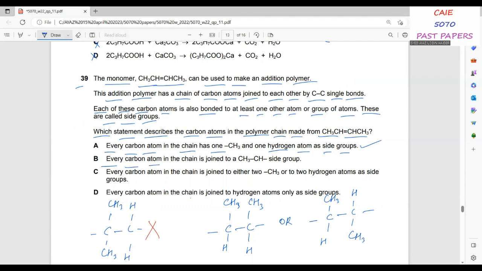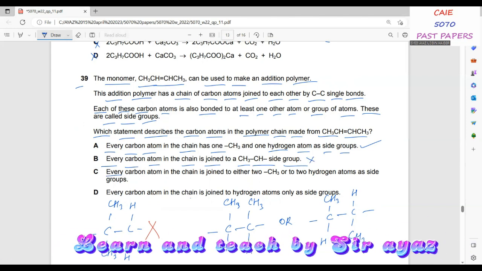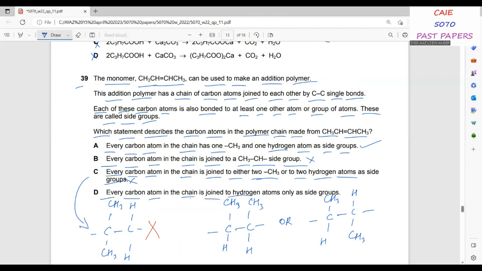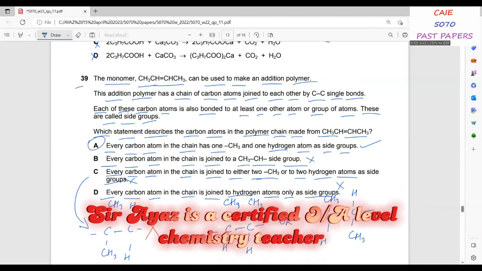B, every carbon atom in the chain is joined to a CH3CH side group. This is wrong. C, every carbon atom in the chain is joined to either two CH3 or two hydrogen atoms as side groups. This is again wrong, as I've shown you. D, every carbon atom in the chain is joined to hydrogen atoms only as side groups. No, this is also wrong, because you have CH3 as one of the side groups for each carbon atom. So we have only choice A as the correct answer.